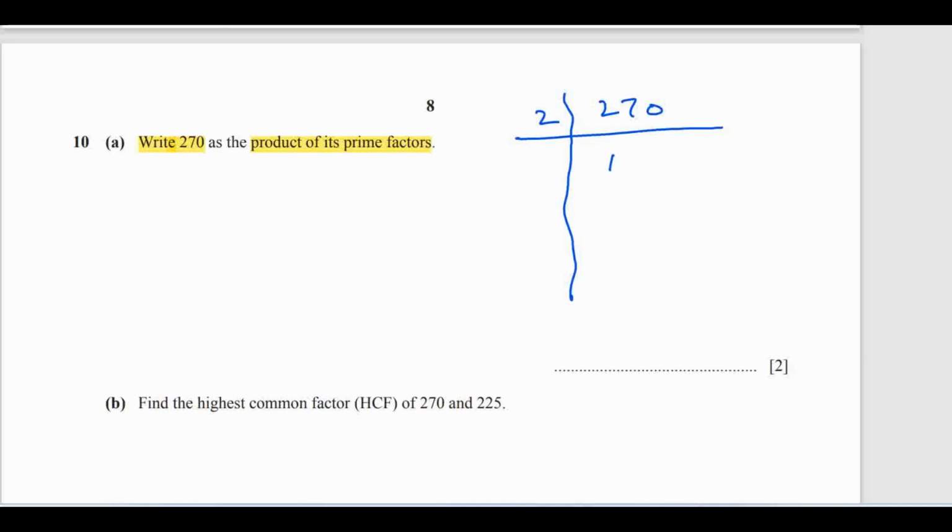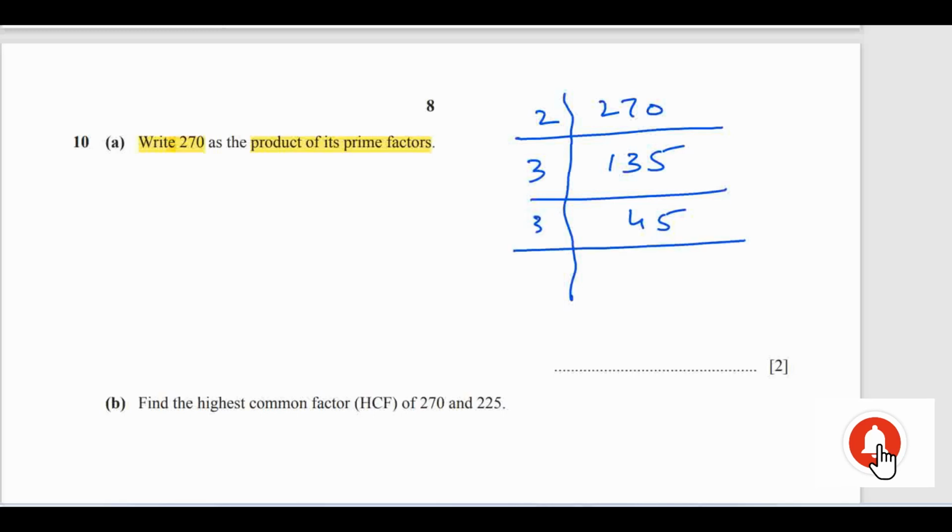So 270. So we will use the prime numbers. 2 1s are 2, 2 3s are 6, and 2 5s are 10. Then we can use the number 3. So 3 4s are 12, and then 3 5s are 15. Then we again use 3. So 3 1s are 3 and 3 5s are 15. Now we can again use 3.